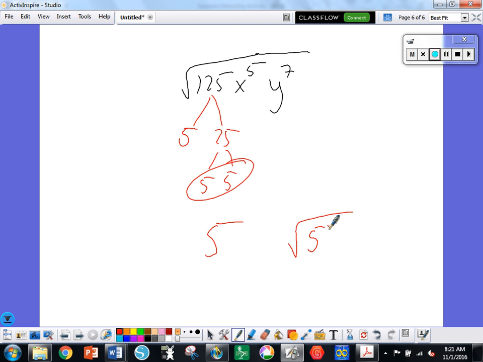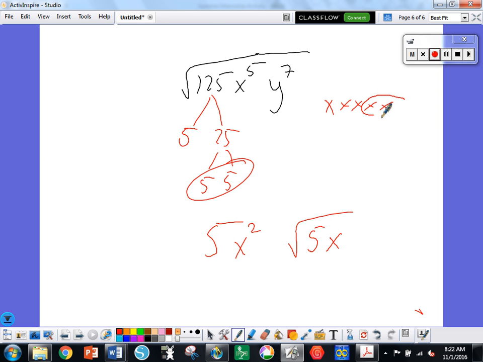Okay, let's go to the x's. How many groups of 2 are in x to the 5th? There are 2 groups of 2 with 1 left over. 2 groups of 2, hence x squared. Notice if I showed that, that's x, x, x, x, x, correct?